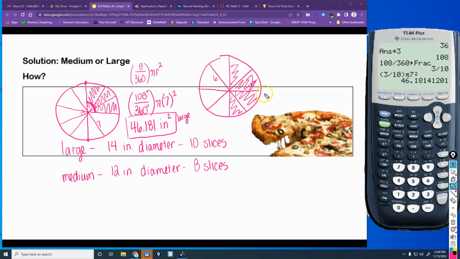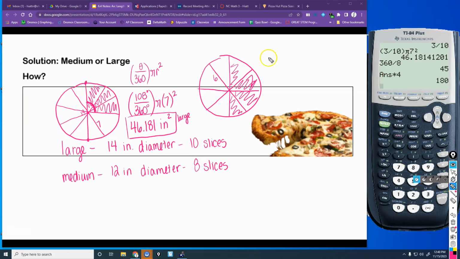If you want to do angles, you can do 360 divided by 8. Each central angle there is 45. You're going to multiply it by 4. That's going to give you 180. 180 over 360 is half. So you could either do it this way, 180 over 360 times pi 6 squared, or you could just do 1/2 times pi 6 squared.